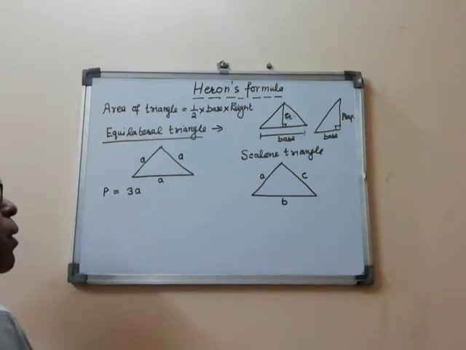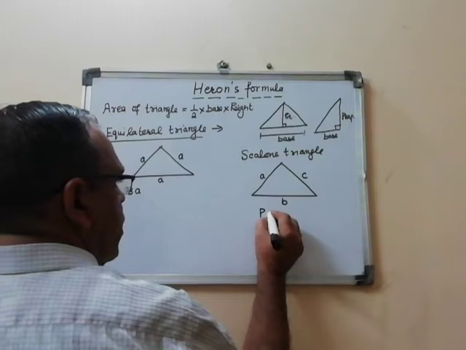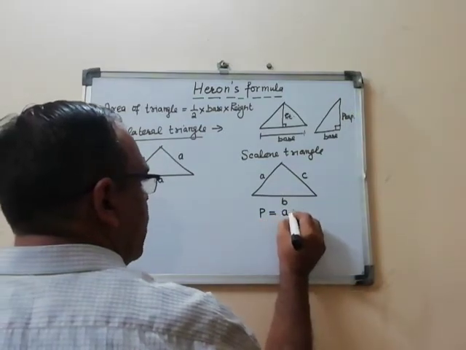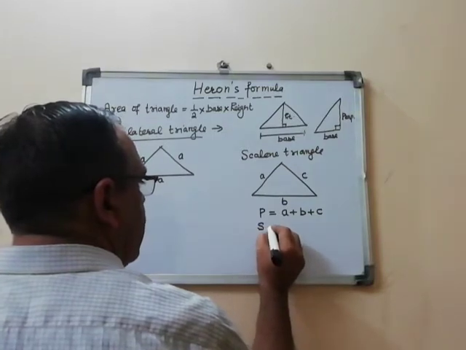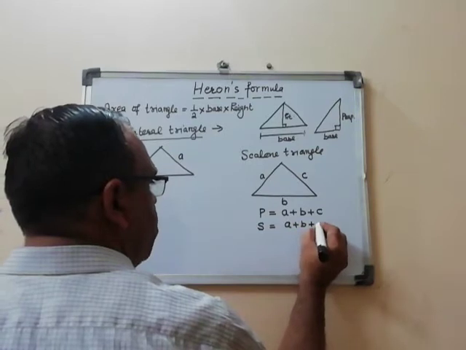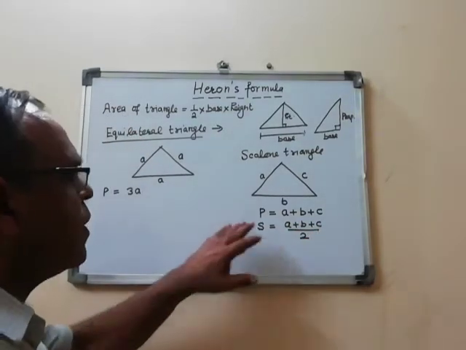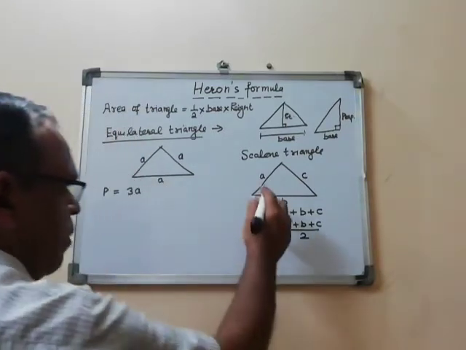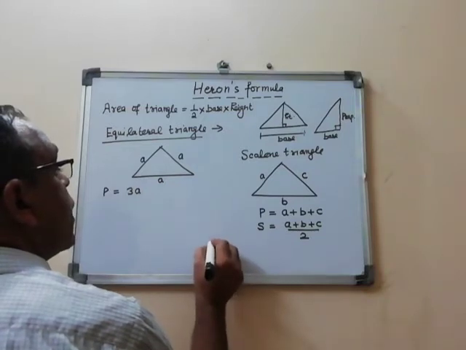Here also you can see that the perimeter is the sum of all sides, and S means semi-perimeter, that means A plus B plus C upon 2. Half of the perimeter is called semi-perimeter, and for that we can use the area of the triangle.